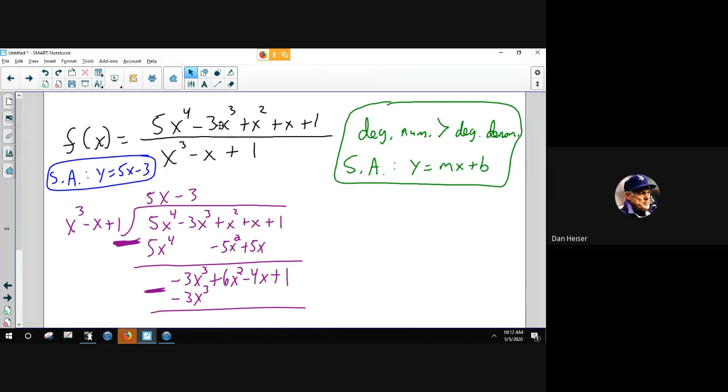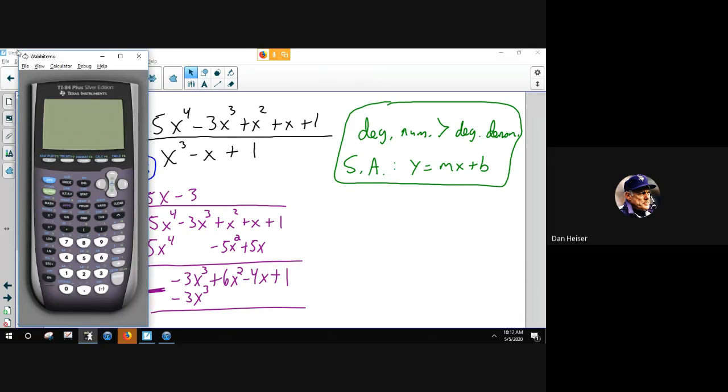So I'm going to graph this function. So we have, whoops, let's start over. Parentheses for the numerator, 5x raised to the fourth minus 3x raised to the third plus x squared plus x plus 1.